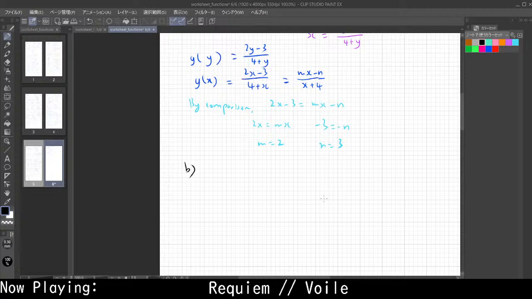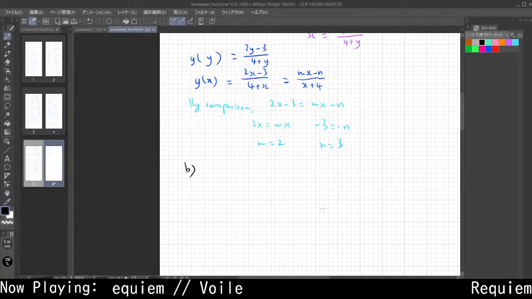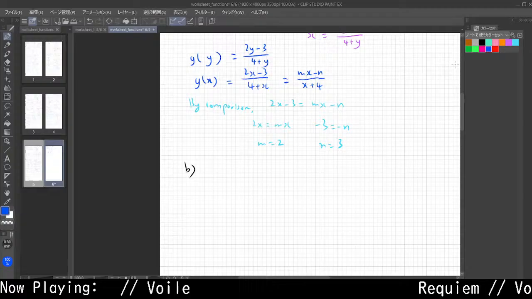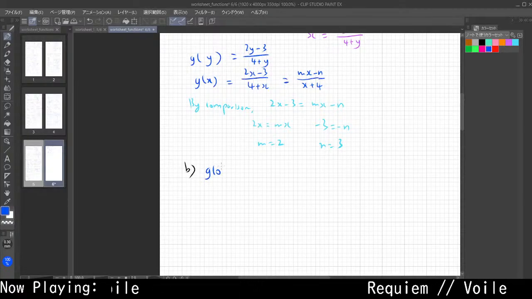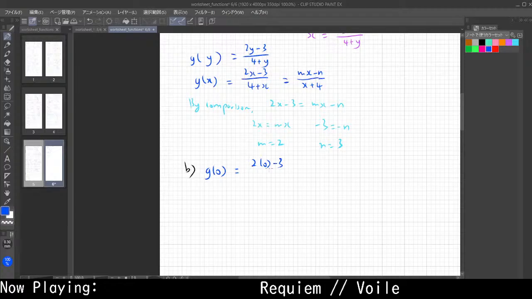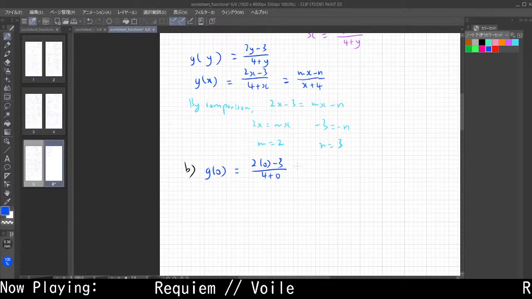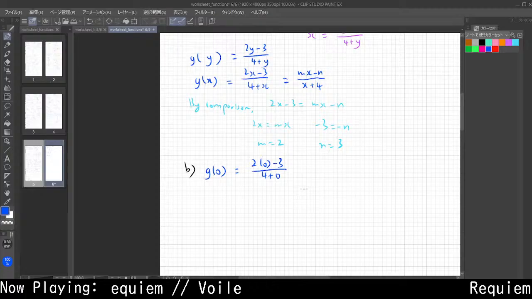Okay, B. g(g(0)). g(0) is (2 bracket 0 minus 3) divided by (4 plus 0). 2 times 0 is 0.